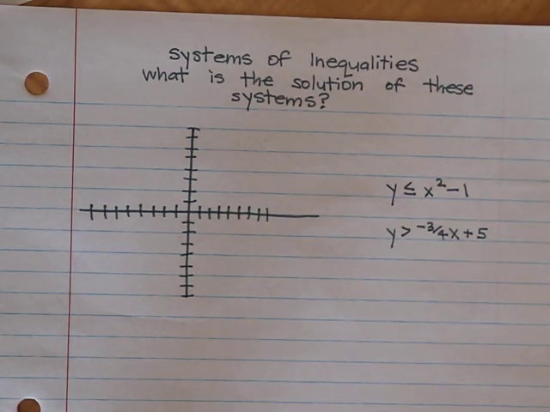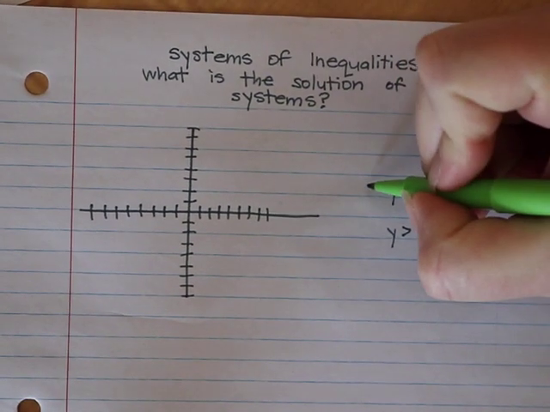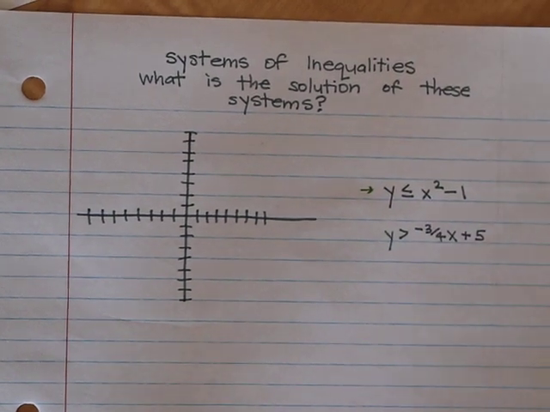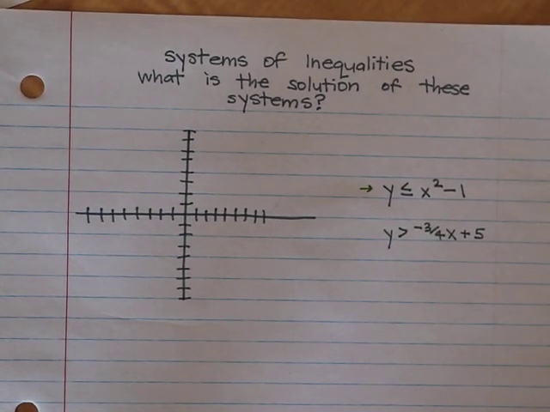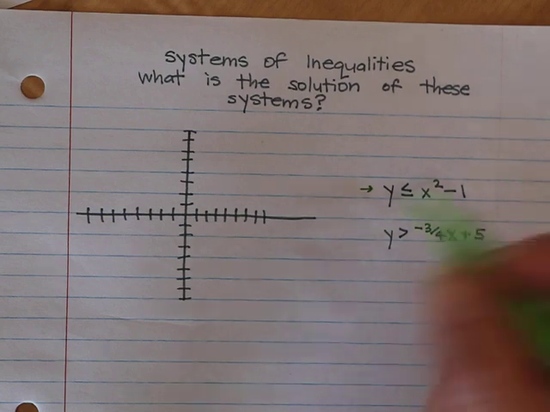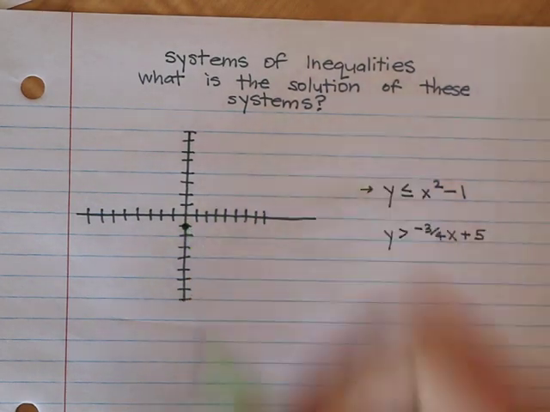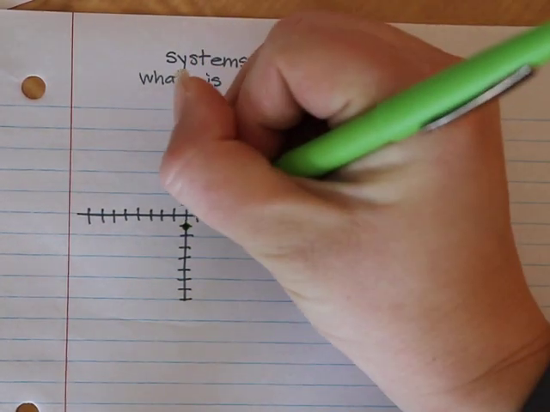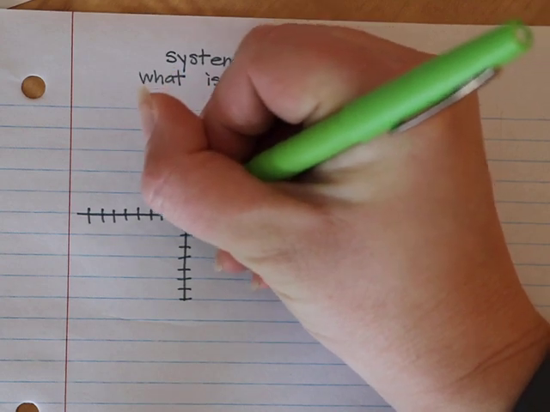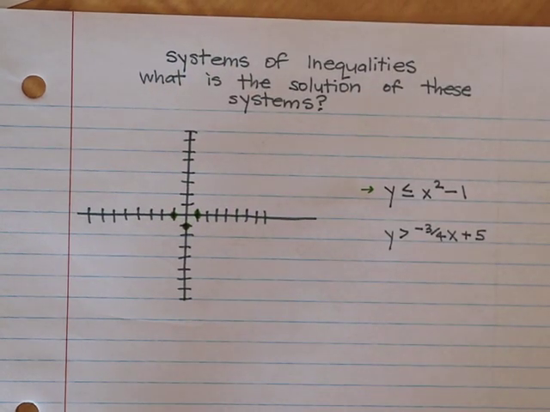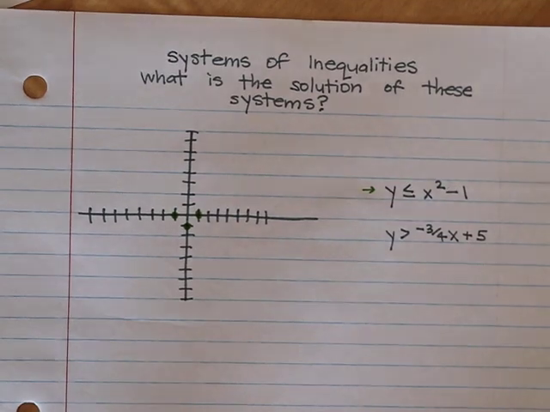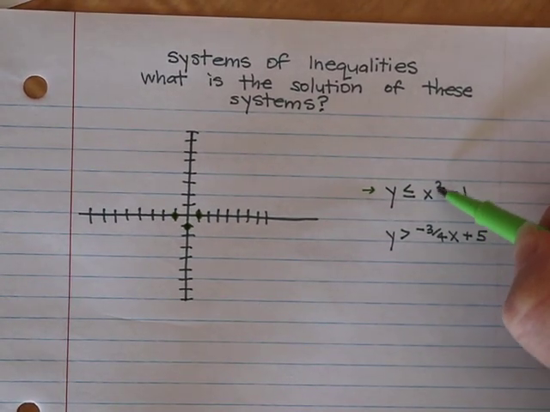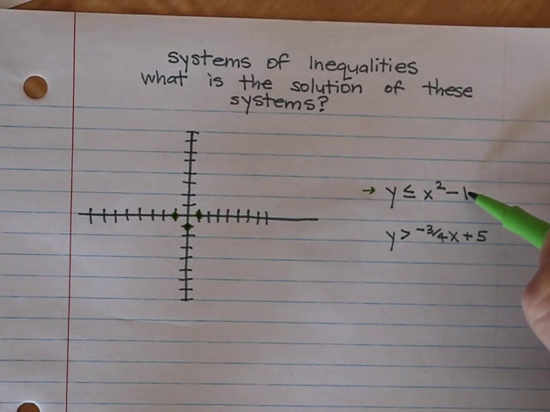So here we go. This first graph. First of all, the graph of x squared minus 1. That means that if x is 0, y is negative 1. If x is 1, y is 0. Same with negative 1. Remember, parabolas have beautiful symmetry to them. If x is 2, 2 squared is 4, minus 1 is 3.